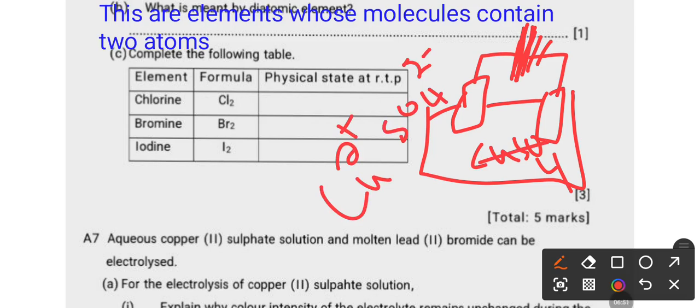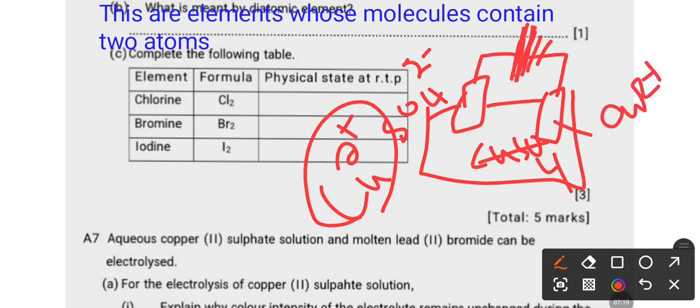Okay, so these Cu2+ ions will be discharged at the cathode, so they will go to the negative electrode, and they will be discharged. So we should expect that the concentration of the copper(II) ions decreases.